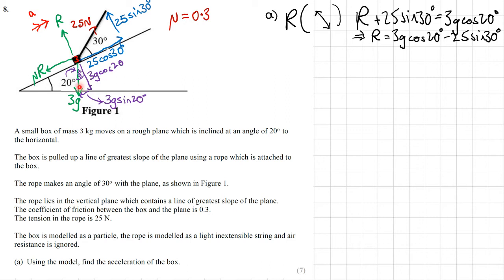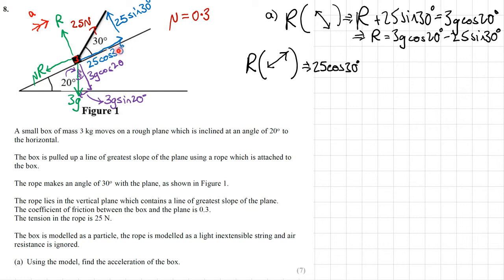Right, now we're going to resolve parallel to the slope. Now these forces are not balanced because it's accelerating up the slope. So the forces going up the slope are going to be bigger than the forces going down, and it's going to be F equals ma. So up we have 25 cos 30 going up.